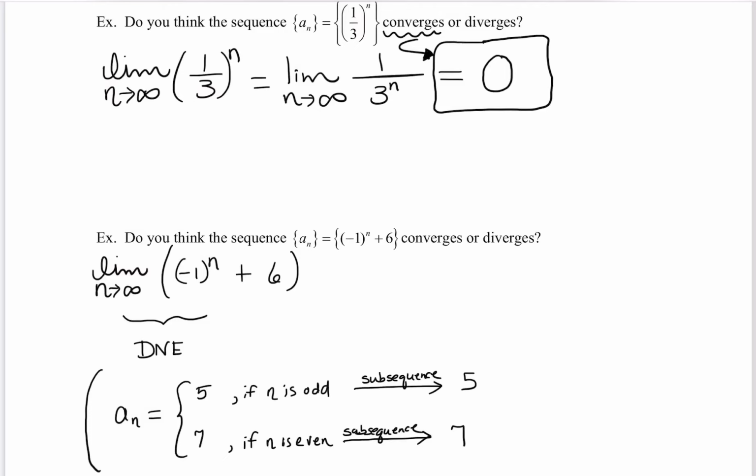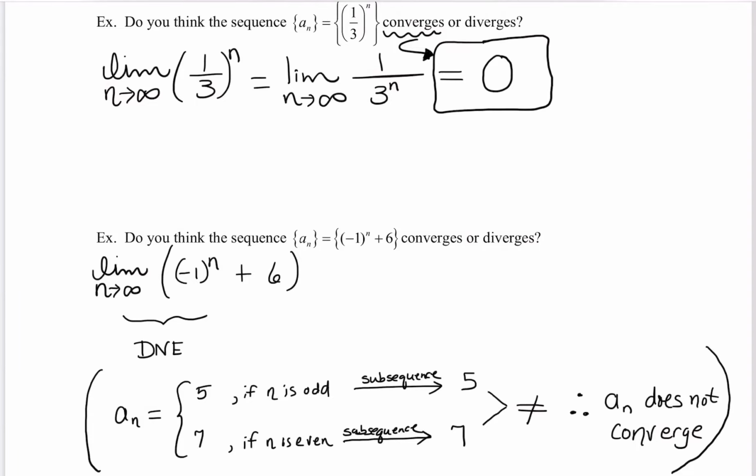So if you have subsequences that do not converge to the same value, then we know that the overall sequence, a sub n, does not converge. I don't know that this book explicitly states it that way, but if you have subsequences that converge to different values, then the sequence does not converge. So that's another way to think about this one.